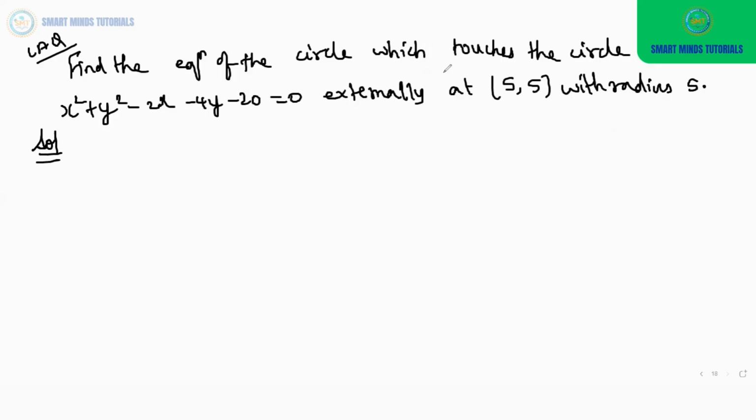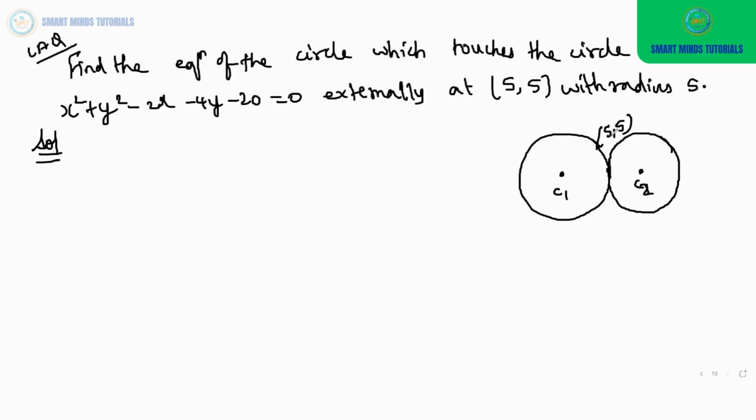See, here it is saying that one circle touches the other circle externally. So like this. The figure is very much known to us. We have used this in point of contact problems. This is the first center, this is the second center, and they are touching at this point (5, 5).